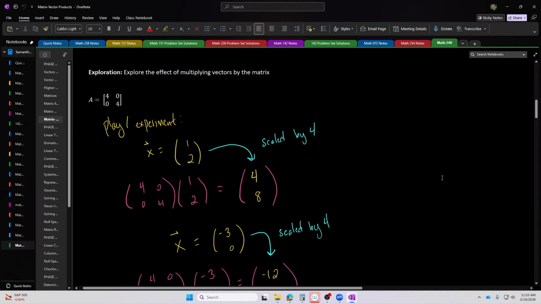And in this lesson, we played around and experimented with a couple of different matrices to determine their corresponding effects on vectors. For example, this matrix 4, 0, 0, 4 transformed a vector by turning it into a vector that was 4 times longer than what it was before, scaling vectors by a factor of 4.